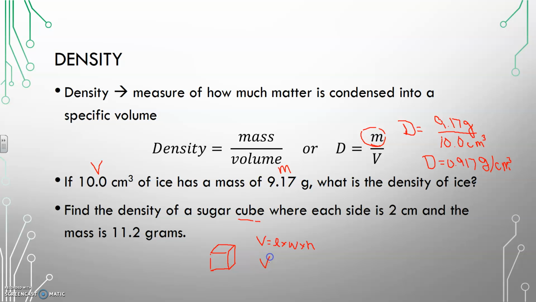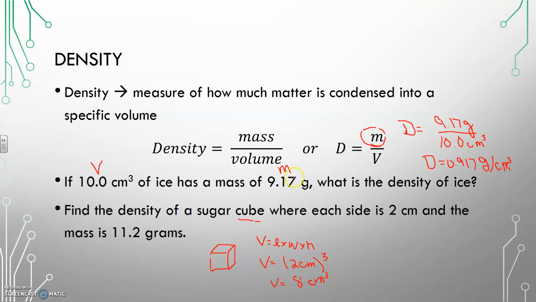You could also write it as V equals parentheses 2 centimeters, cubed. You're going to cube both the number and the unit. So this ends up being 2 cubed, which is 8, and then centimeters cubed. That's our volume.